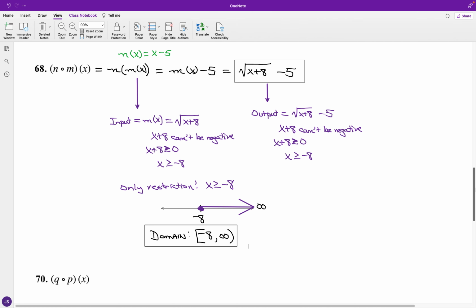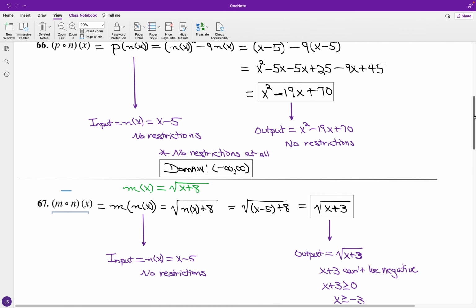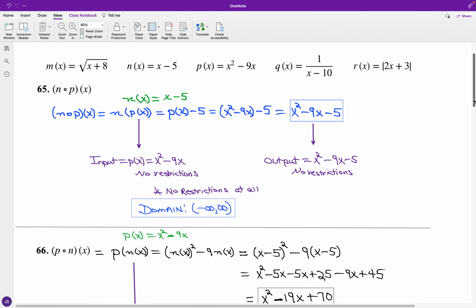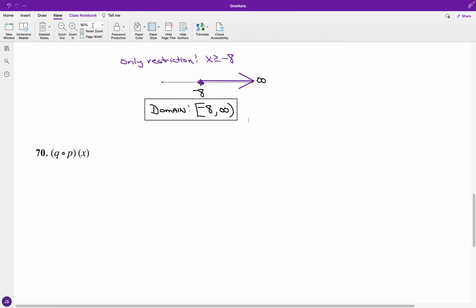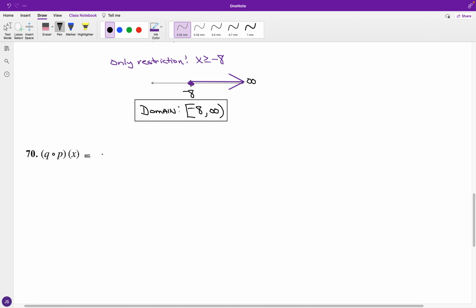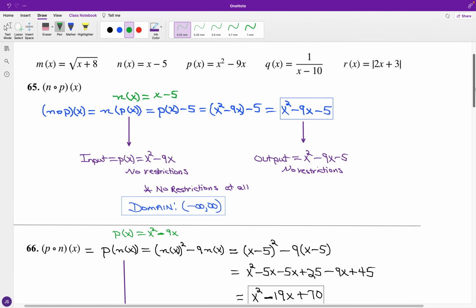Okay, now for the case of number 70, this would be our first entry of the function q. So you have q of x is equal to 1 over x minus 10. And for q composed with p of x, you have q of p of x. Now again, the output is in line with q of x, and q of the input is going to be 1 over the input minus 10.